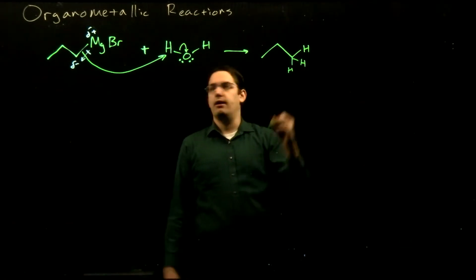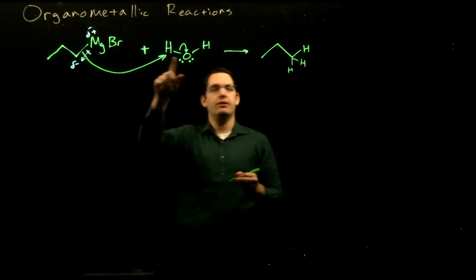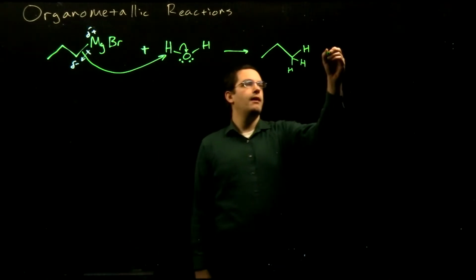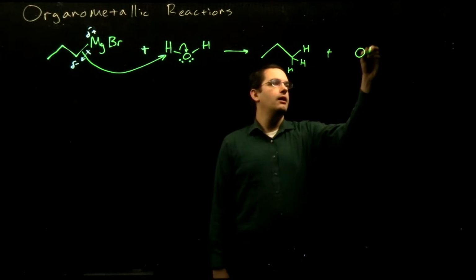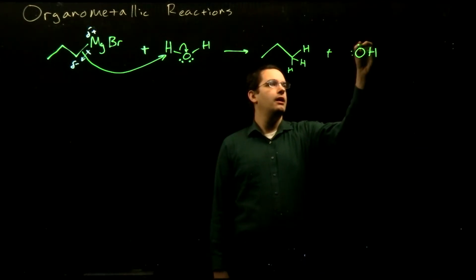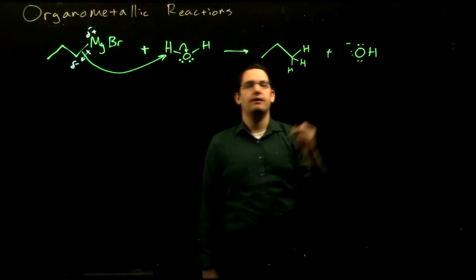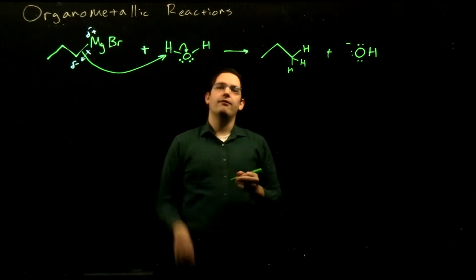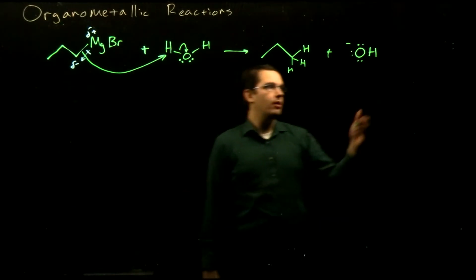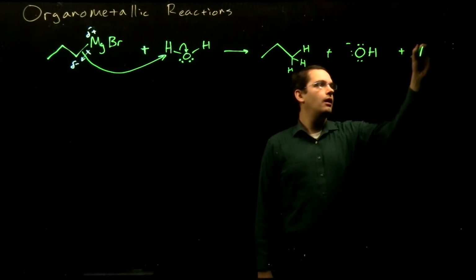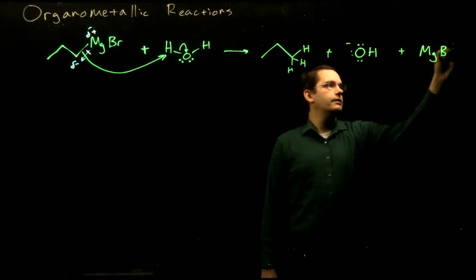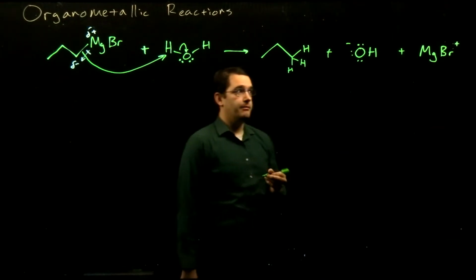So we end up with our 3 total hydrogens here. We started with 2, we added on 1 more. Of course, then we get our hydroxide ion as our conjugate base of our water, and we'll have our magnesium and our bromine breaking off together as just this magnesium-bromine cation.